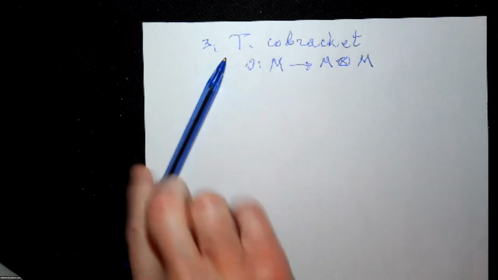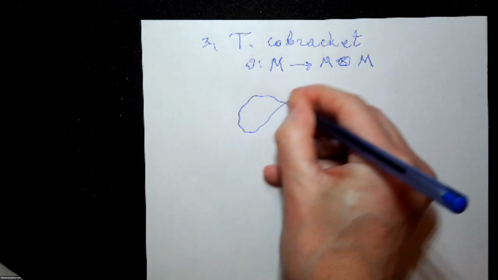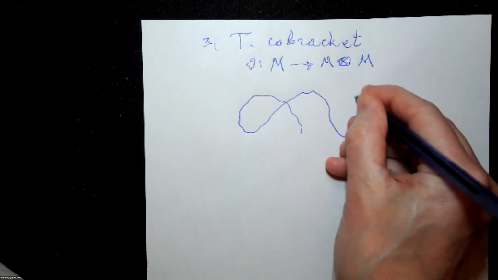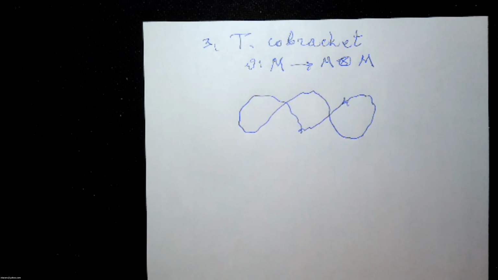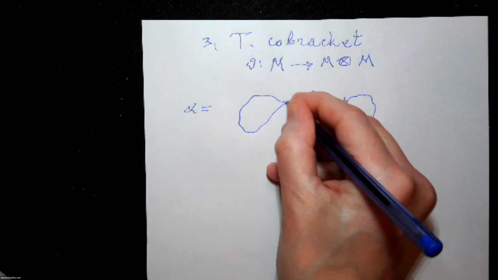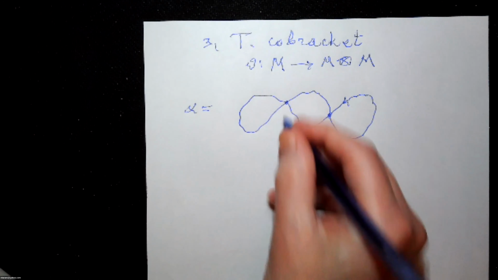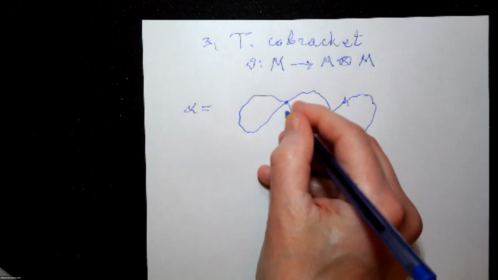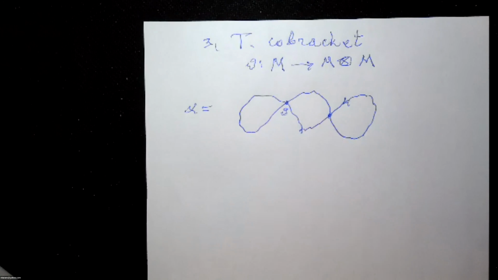Now, how is this defined? Now you start with only one loop. You take one loop, say alpha, and you consider all self-crossings. Now, let S be a self-crossing.